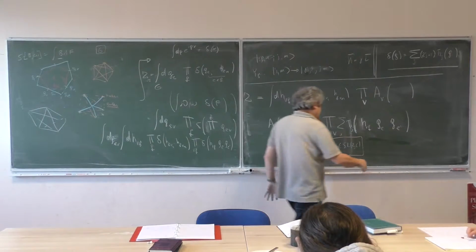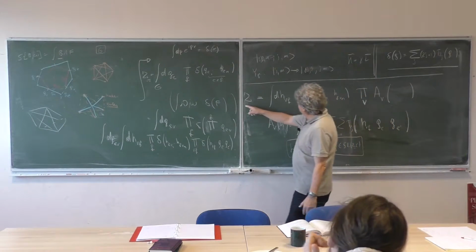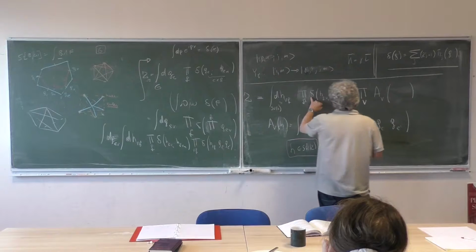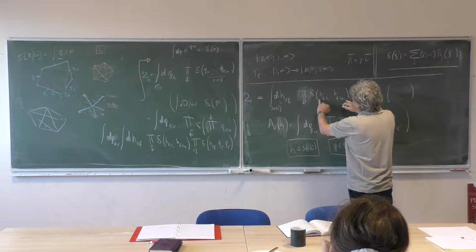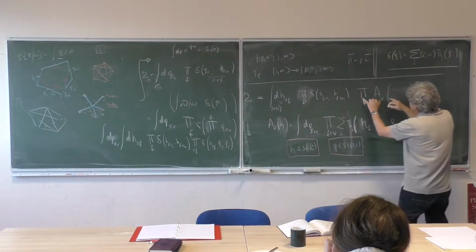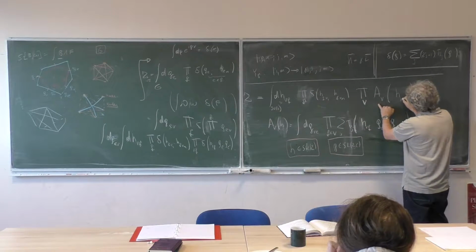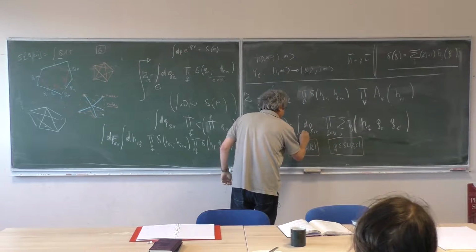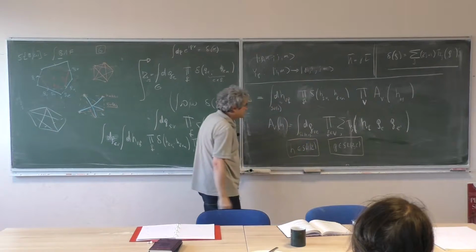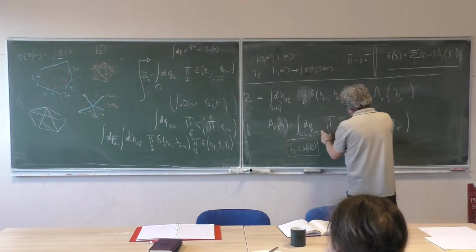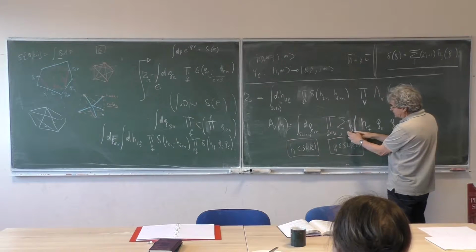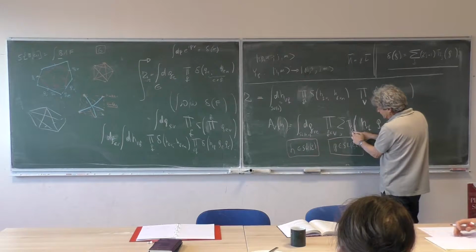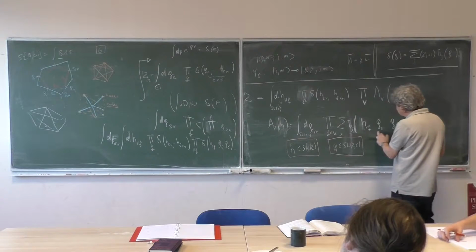So I'm almost done, up to a detail. Z is the integral of these H, which are SU2. This is a set of SU2 elements, delta, I know exactly what it means. This is a product of SL2C things, and I know exactly what it means. It is defined by integrating over SL2C. Then a product over the faces of the trace in J. Remember, these are SU2, so these are the spins of SU2. But here I have an SL2C element.